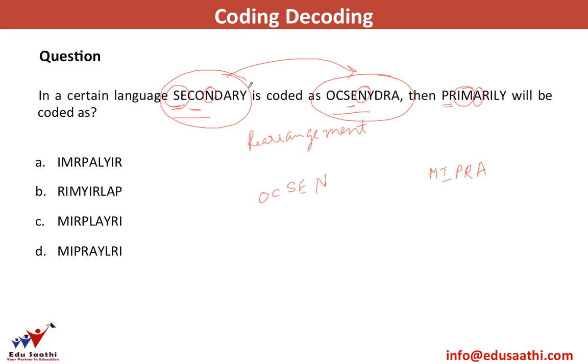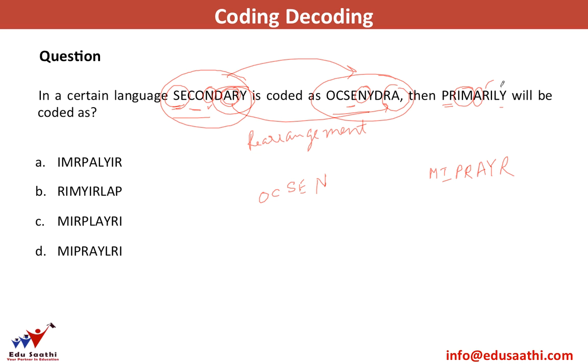Let's check the second half now. D, A, R, Y. We see that Y moves from the last position to just next to the middle alphabet here. So here Y will move from the last to just after A, and we see that D comes right after Y. So here R will just come after Y, and these two positions in the middle, A and R, change their relative positions and become RA.